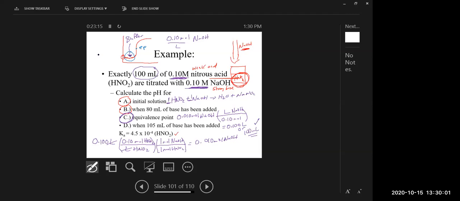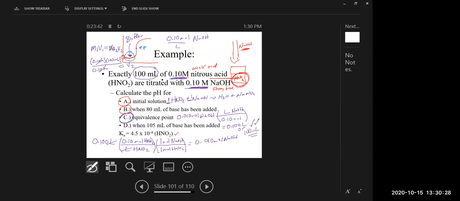You could also have done, because it's a one-to-one relationship, M1V1 equals M2V2, where M1 would be 0.1, 100 milliliters divided by 0.1. Those guys would cancel, and that would equal V2, which gets you there.